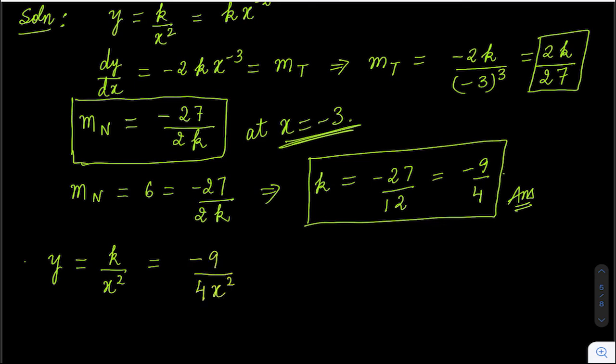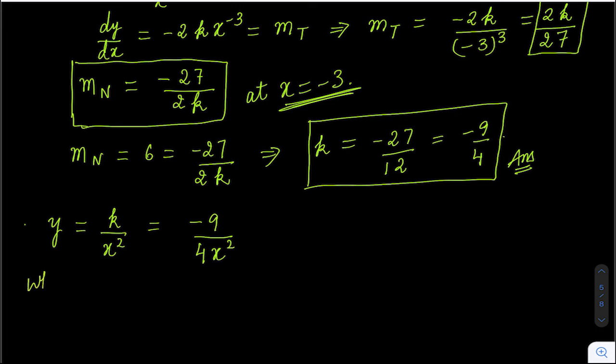So this is my curve now. So when x is minus 3, what's my y value? I can find out. So let's substitute. y will be equal to minus 9 over 4 into minus 3 square. Minus 3 square is 9. So this will be minus 1 over 4.